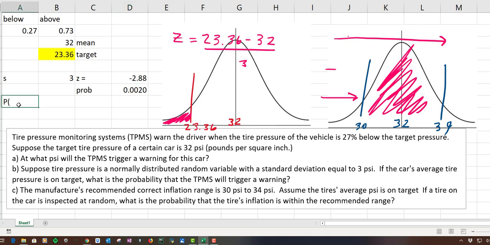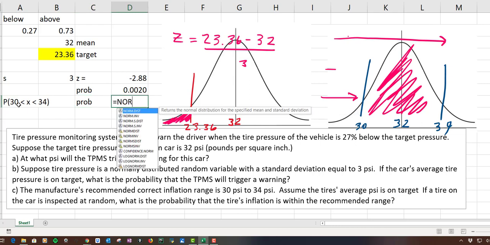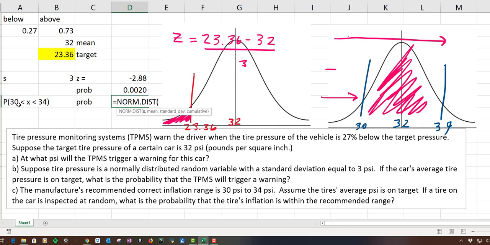So in other words, the probability that we're between 30 and 34, I'm going to use the same norm.dist. It makes sense that I need to use the upper value, the 34, because that's what I said all the way up here. And then my same mean, my same standard deviation, and I want that cumulative.